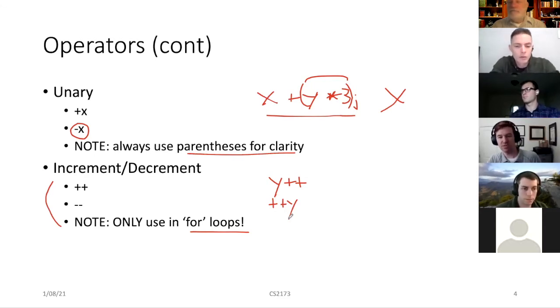The first one's going to take y and add your increment to it, and the other one is going to take y as your increment. No. Okay. Are they both the same thing? They both do the exact same thing. However, what is the value? Okay, so let's.